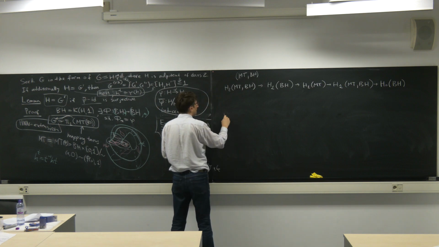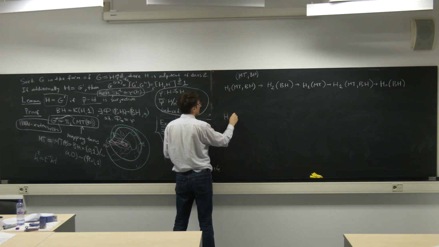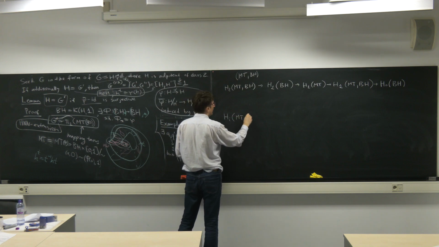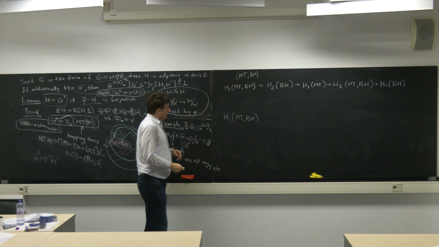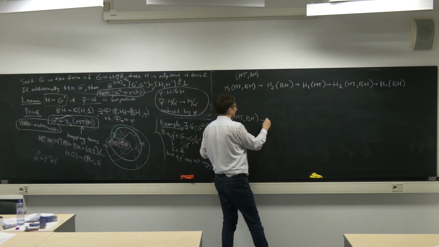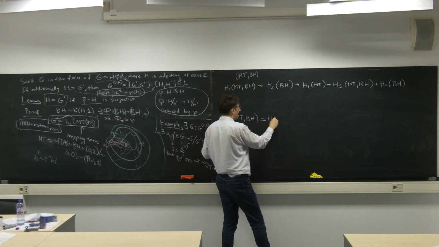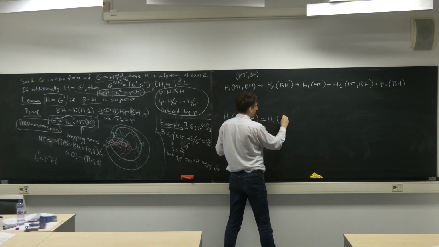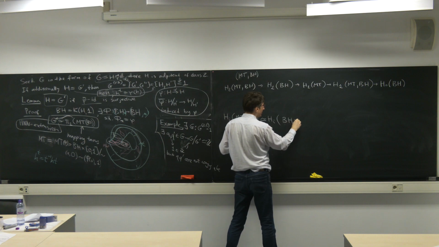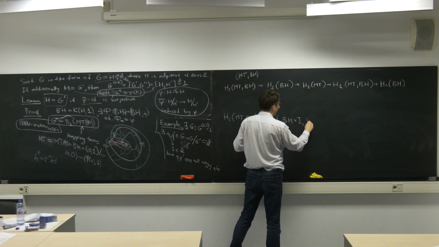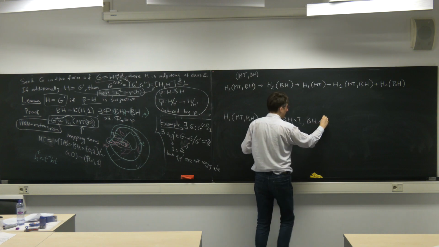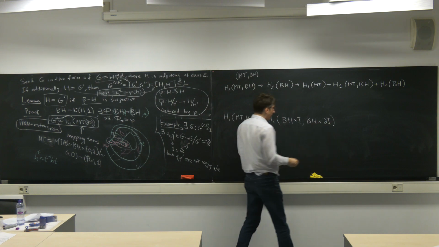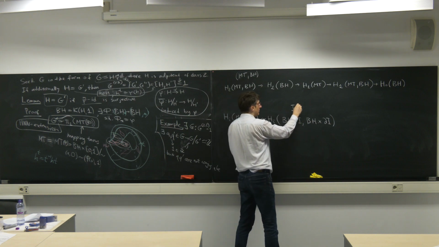Now what is H_i of (MT, BH)? Well, it is the same as H_i of (BH cross I, BH cross the boundary of I), where I is the unit interval.